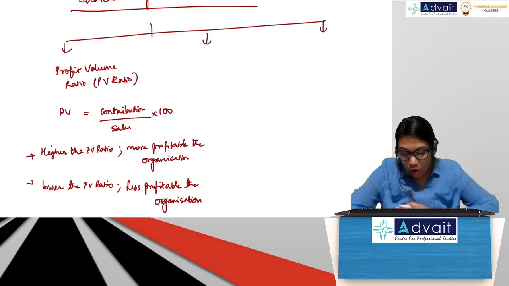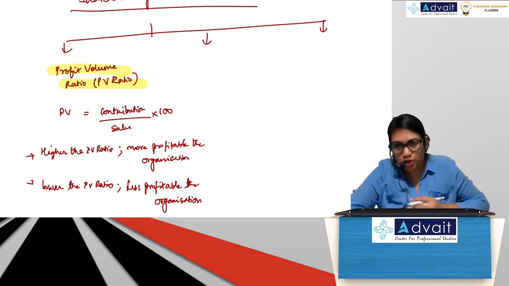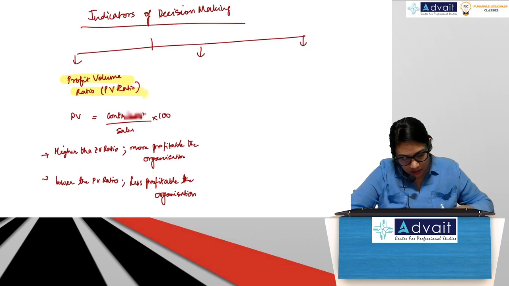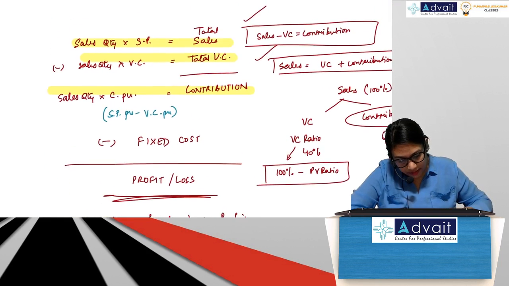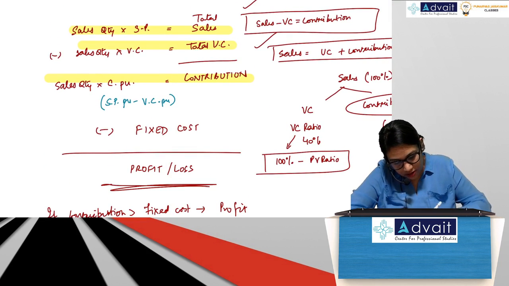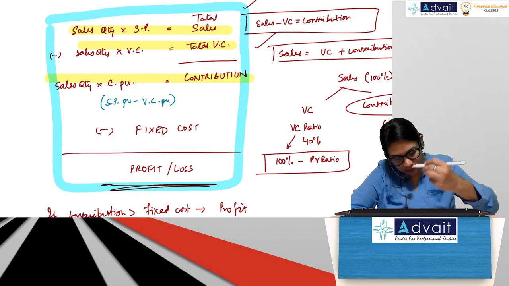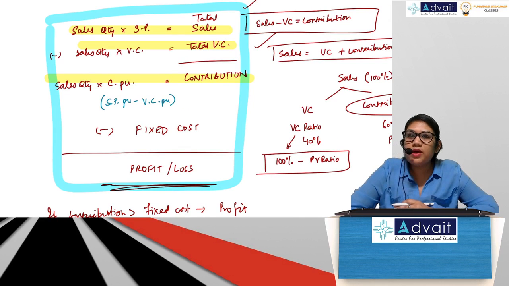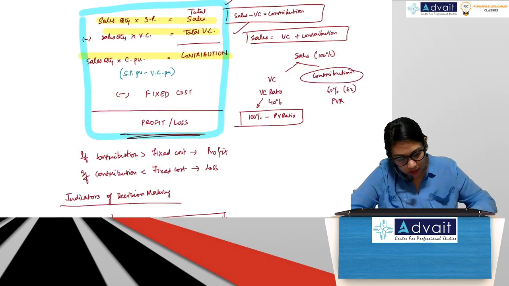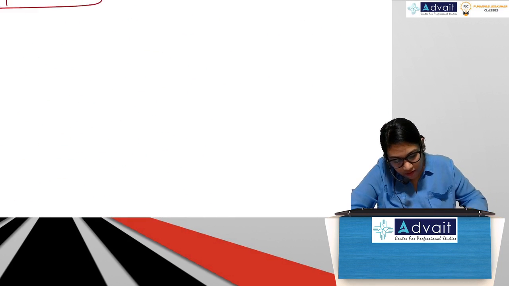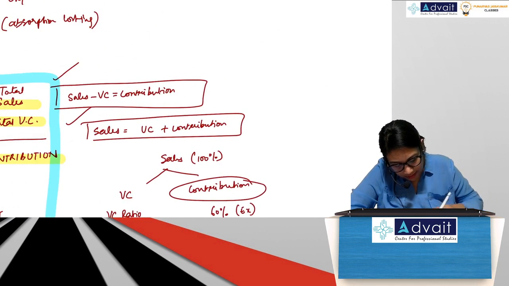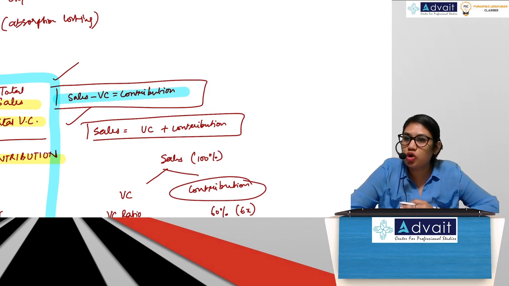Now that you know what is PV ratio, this entire statement that we drew here can be given in the form of a formula. Okay, so I'll tell you that formula. The first part of this statement is written here, correct? Sales minus variable cost gives us contribution.